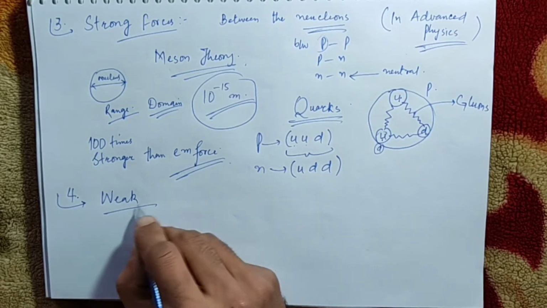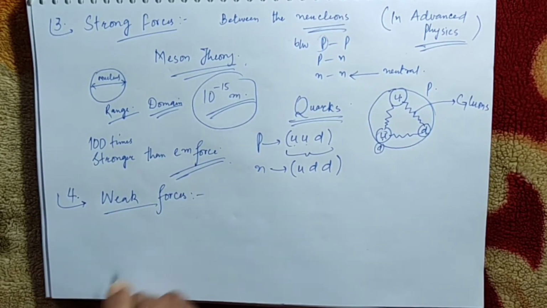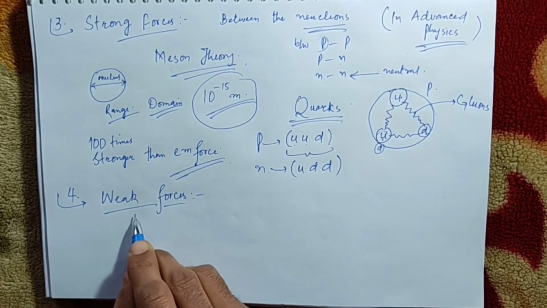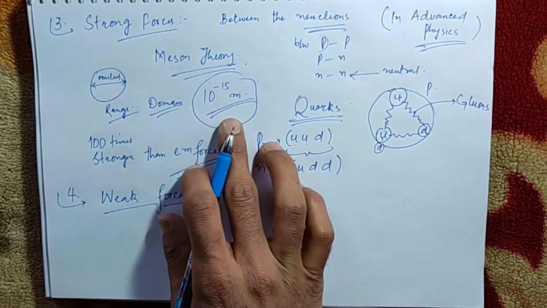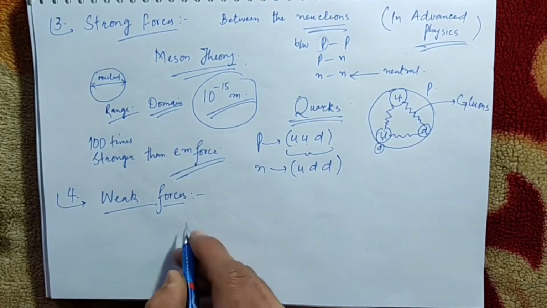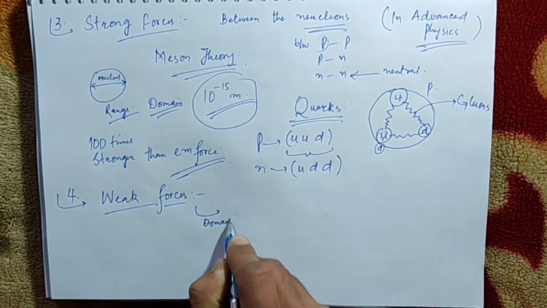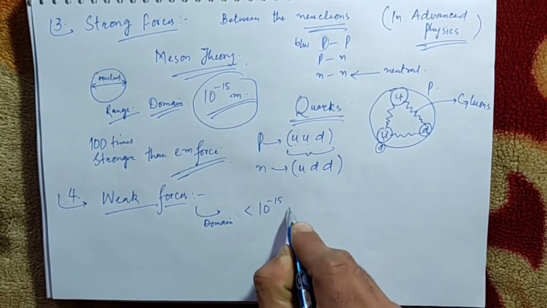So weak forces is the fourth type. In case of strong force, I have told you that it has a domain of 10 to the power minus 15 meters, and the domain of the weak force is further lesser than that.